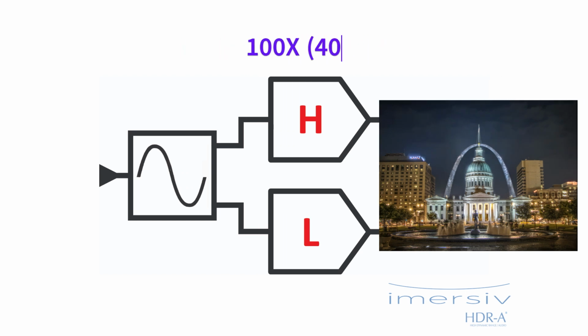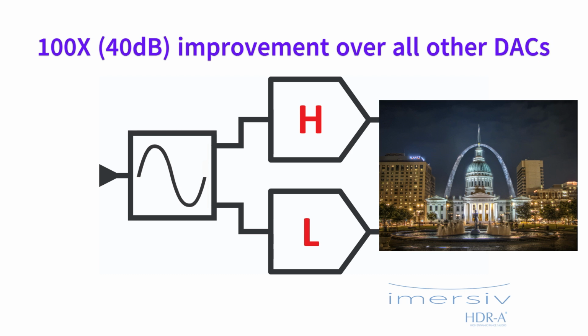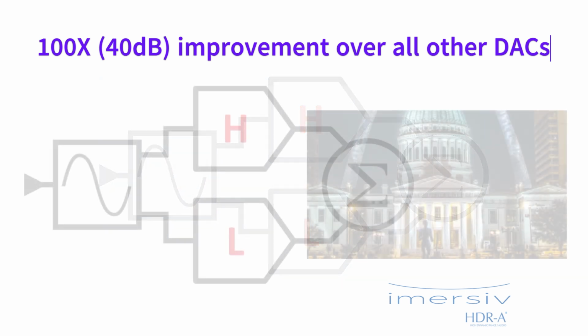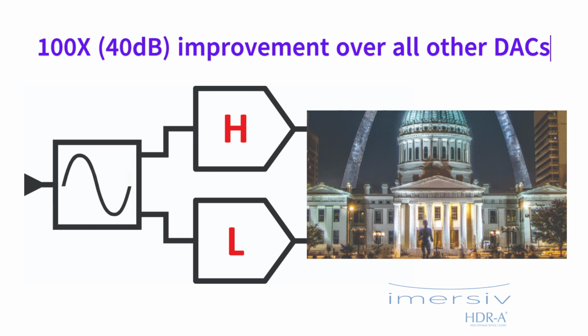The combined audio program now has 40 decibel greater dynamic range than any other D to A converter made today. This is a 100 times improvement in noise, linearity, and true dynamic resolution. The result is just like an HDR photo, with far greater perceptual detail from the quietest, darkest corners to the brightest, loudest highlights.